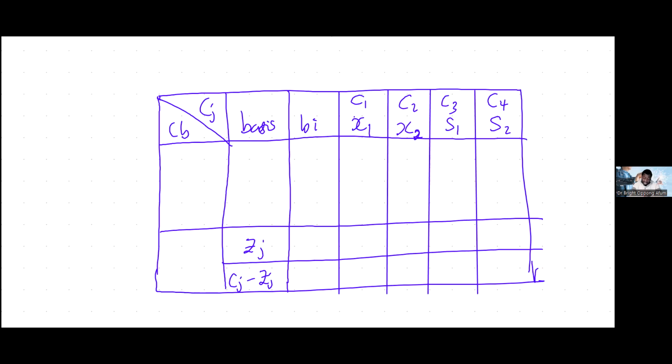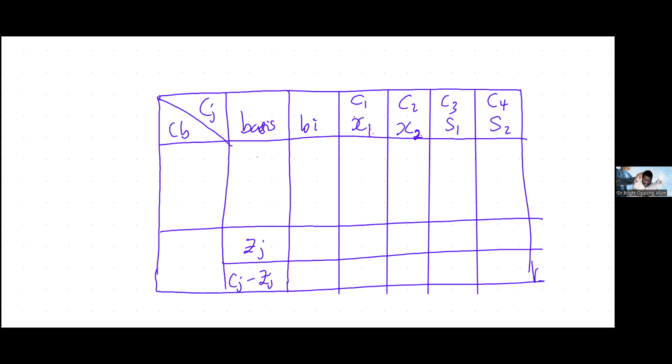All right, the Cb is actually the same profit or cost coefficient of the objective function for the solution variable in the basis. As we solve, the variables x1, x2, s1, s2 come into solution. That is, they become the main decision variables that we are looking for, and they attain some values.